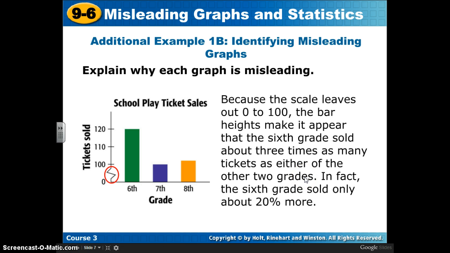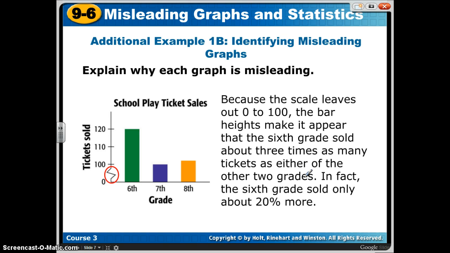Next one would be school play ticket sales. It shows, if you just look at the graph, that the 6th grade sold way more tickets than the 7th grade, about triple the amount of the 7th grade, and probably almost triple the amount of the 8th grade. But when you truly look at the graph and the data and the X and Y axes, you can see that the 6th grade sold about 120 tickets.